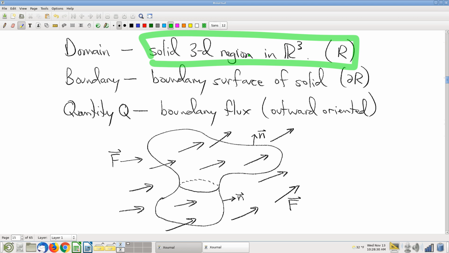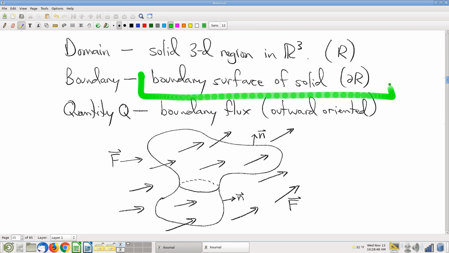Now I appeal to your geometric intuition. If you have a three-dimensional solid, some chunk, what's the boundary of a three-dimensional solid? Well, it's a surface. That's just what the boundary of a solid looks like, right? So we'll call that the boundary surface. And I hope I have said this previously.